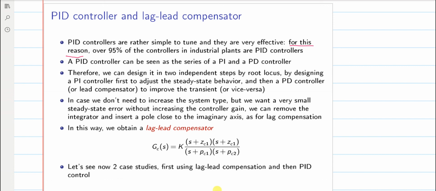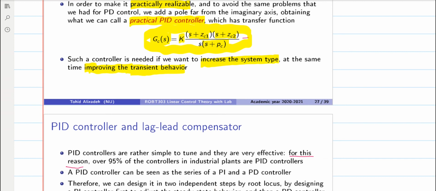We can also see the PID controller in the form of a series of a PI and a PD controller. If you look over here, we have GC of S in the form of K1 times S plus ZC1 over S, times K2 times S plus ZC2 over S plus PC.